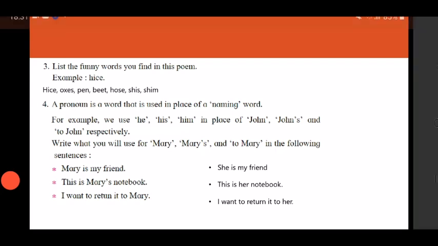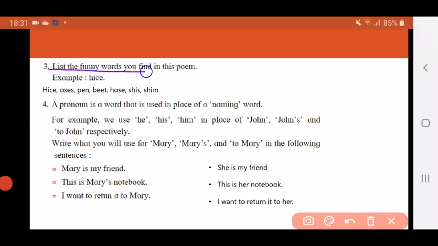Number 3. List the funny words that you find in this poem. Example, heis. So all those funny words that the poet has made on his own, which are actually wrong English words. Heis, oxes, pen, beat, hose, shiz, shim.